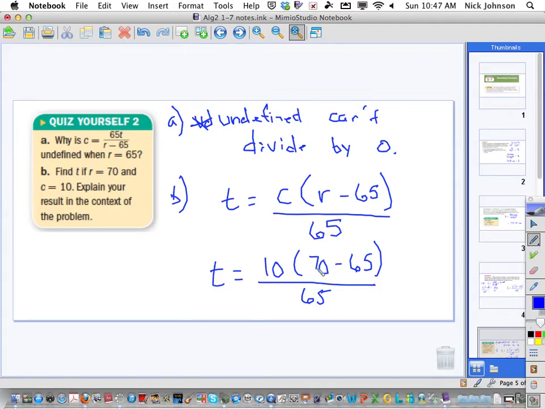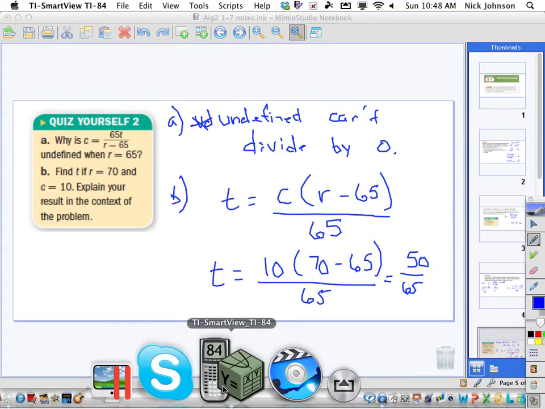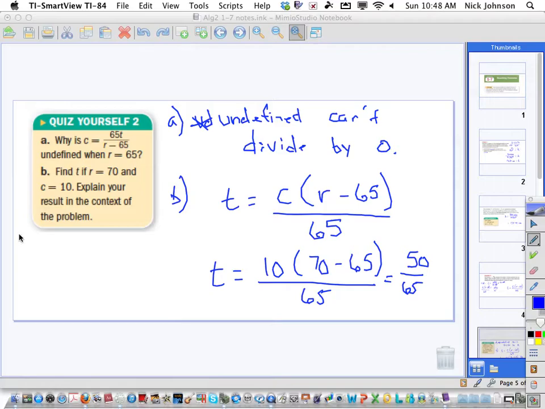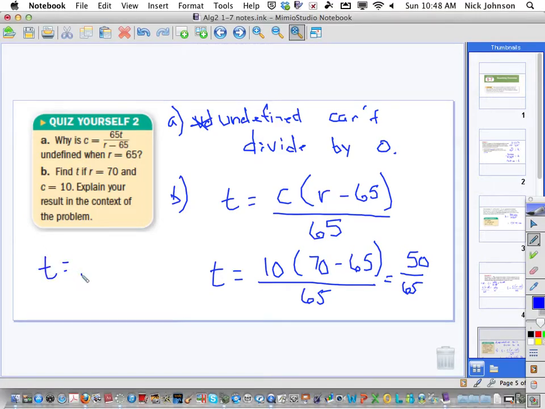Well, we know 70 minus 65 is 5, correct? Times 10 is 50. So 50 divided by 65 is .769, and we could just say 0.77. So T equals 0.77. Okay? Simple enough.